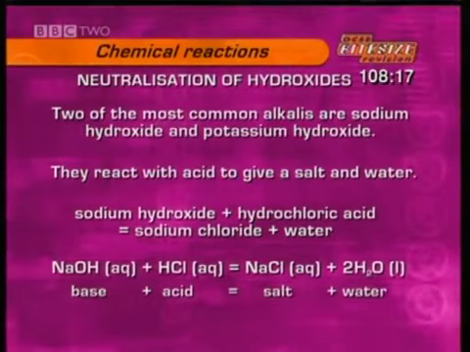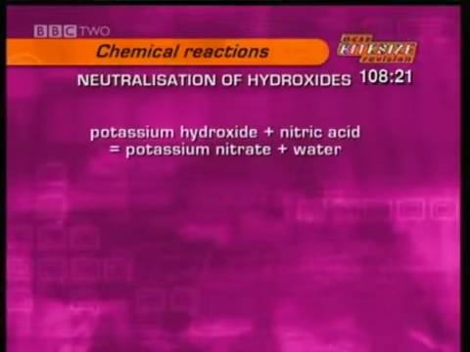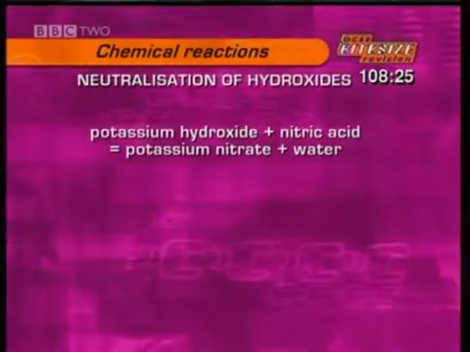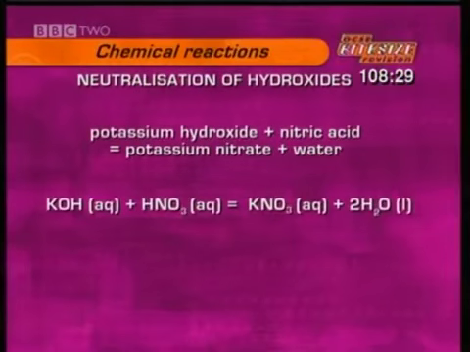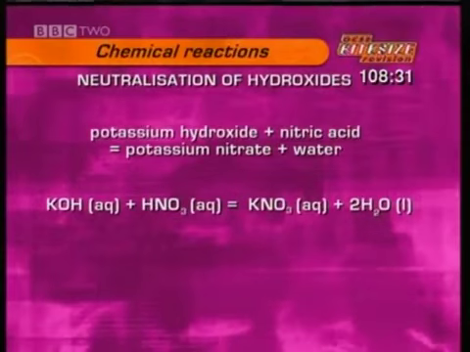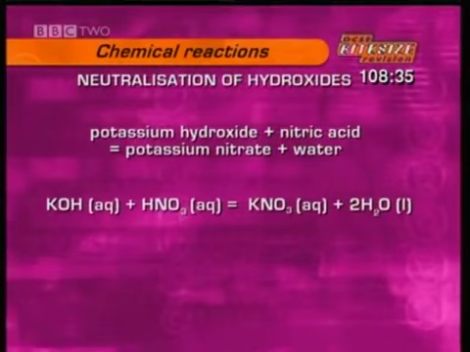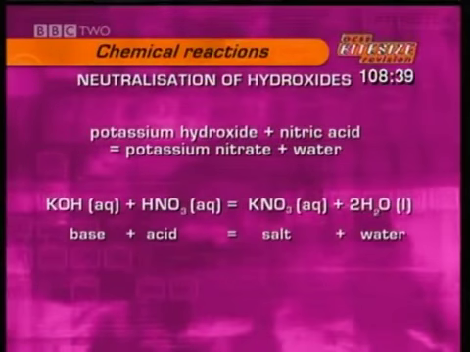That's base plus acid gives salt plus water. Potassium hydroxide and nitric acid gives potassium nitrate plus water. KOH plus HNO3 gives KNO3 plus H2O. That's base plus acid gives salt plus water.